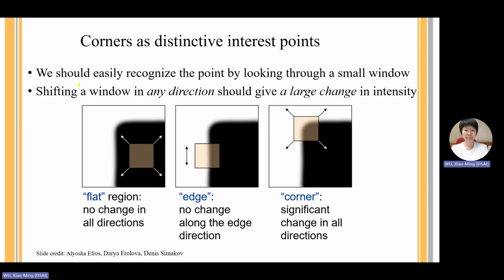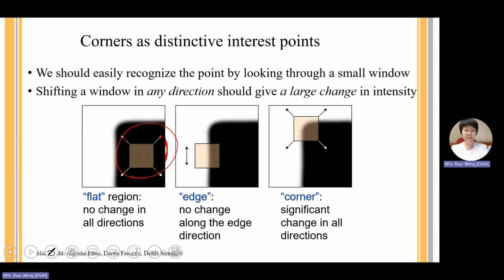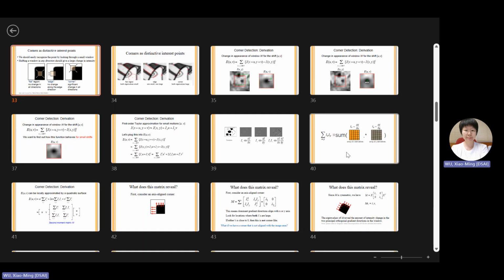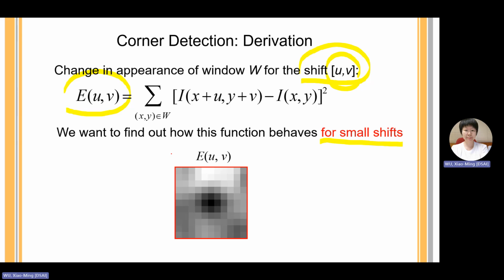We don't want to shift this window, for example, from this position to here. If we shift the window there, of course there will be a significant change. So we only want to shift the window locally to examine its changes.